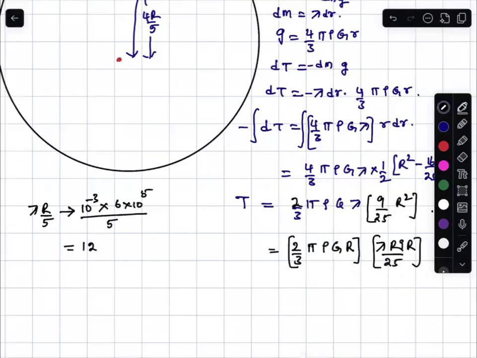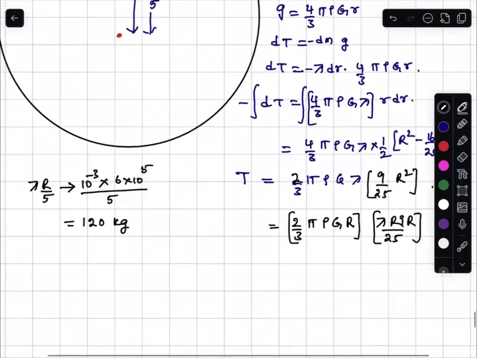You can write this as... 1 minute. You can do 60 with this. 12, otherwise 100 comes and 10 remains, 120 kg. Right. Next, hold on. Next is, if you permit me, 4 by 3 pi rho g r is for this planet.